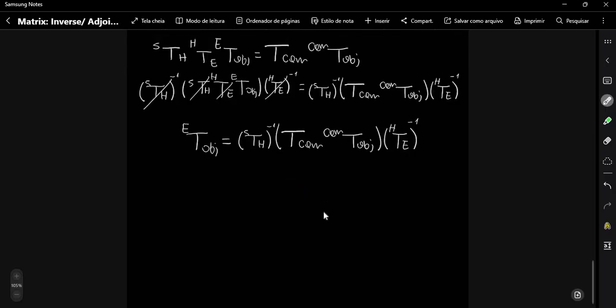Now applying the property, when we have an inverse transformation, we can rewrite it without the superscript, switching the frames.